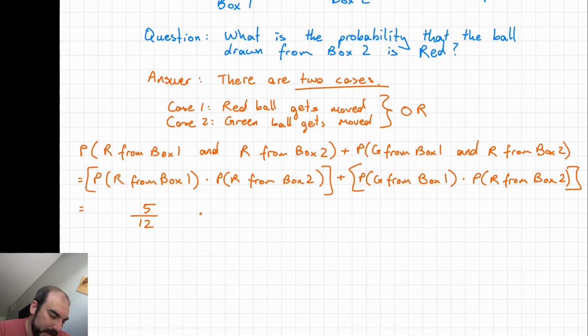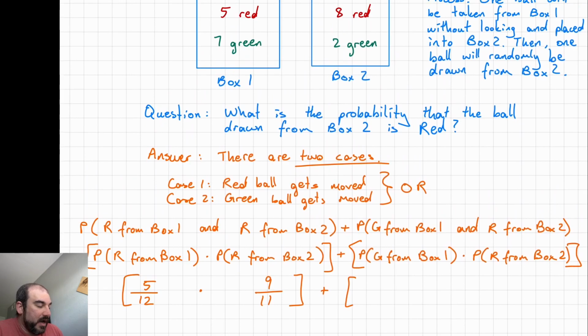Good. 9 out of 11. Because once we move a red into box 2, there are 9 reds and there are 11 total balls, so we get 9 out of 11.